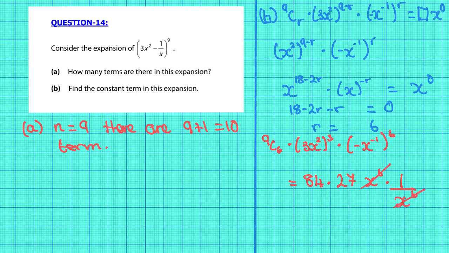They cancel out, giving us a constant term of 2,268.